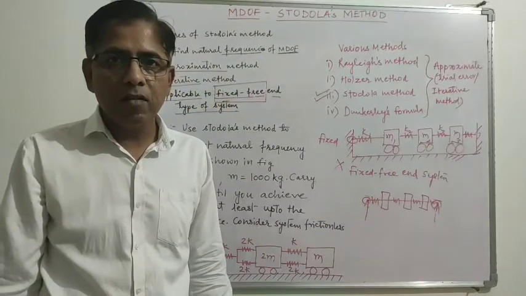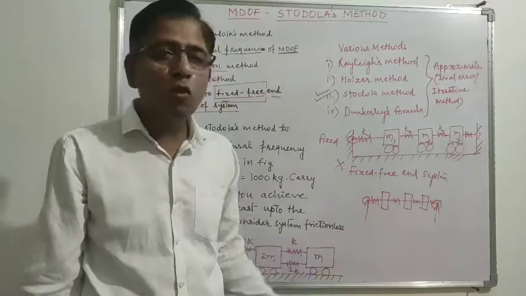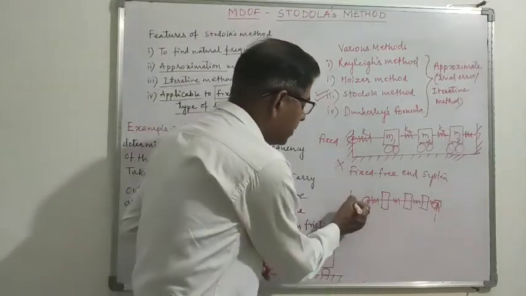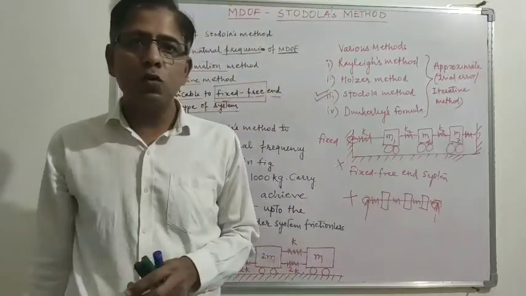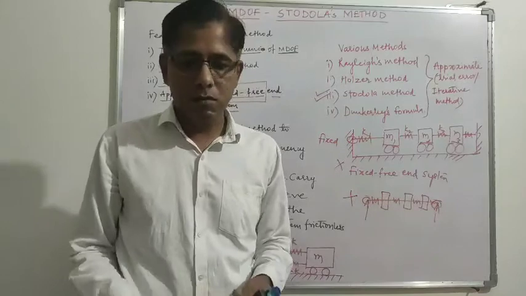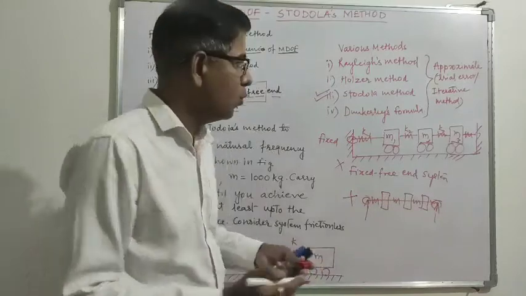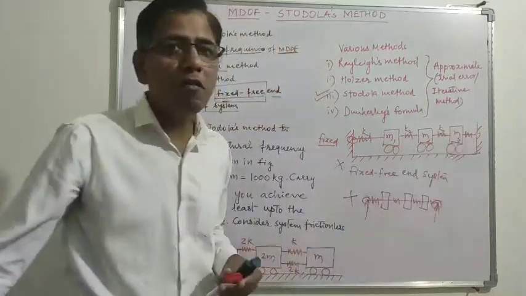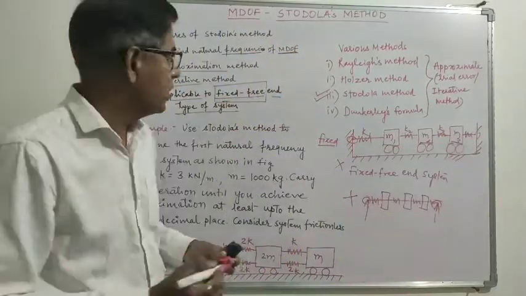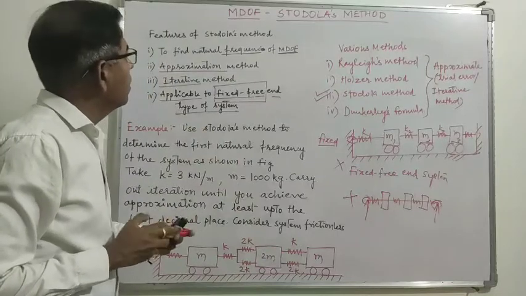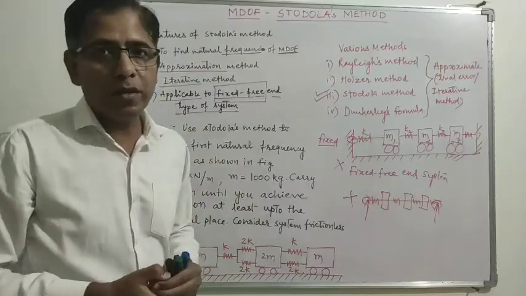So the Stodola method is also not applicable to this simply supported type of problem. It is only applicable to fixed free end type of problem. So these are the 4 features of the Stodola method.